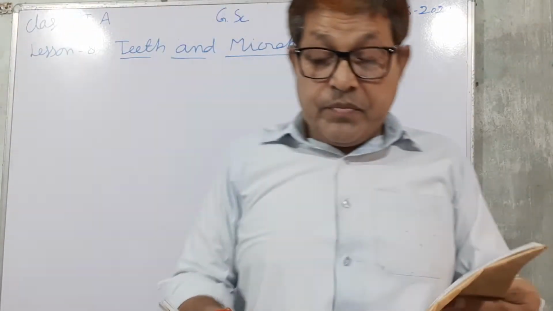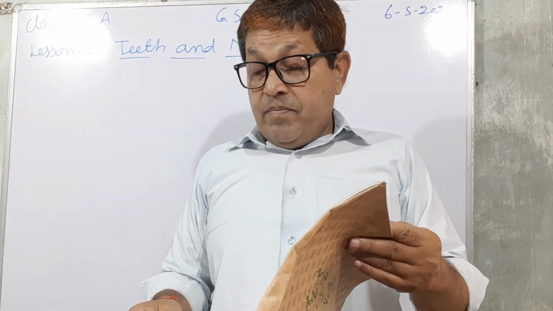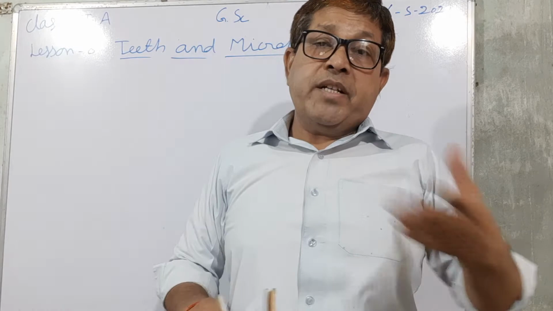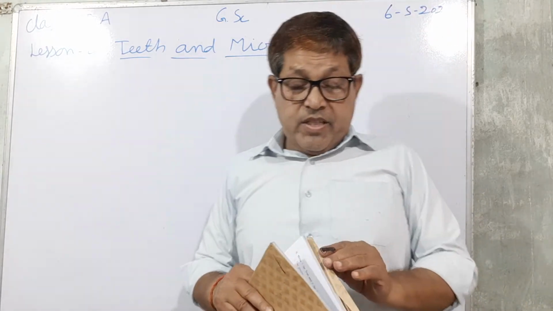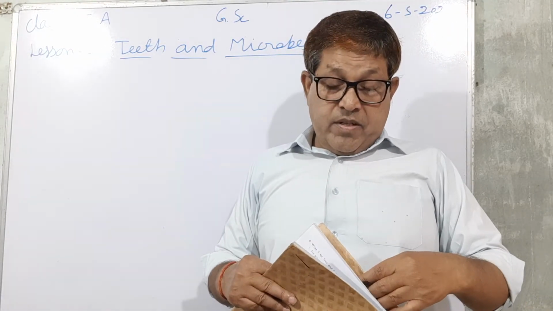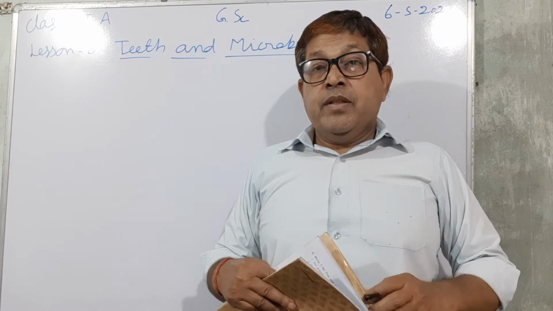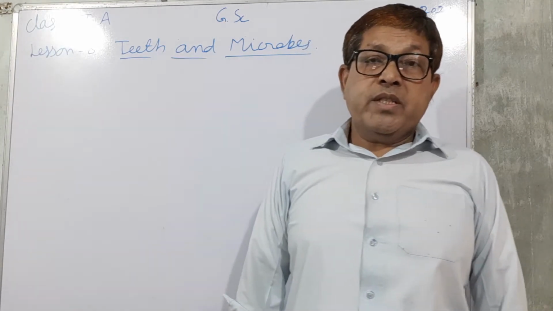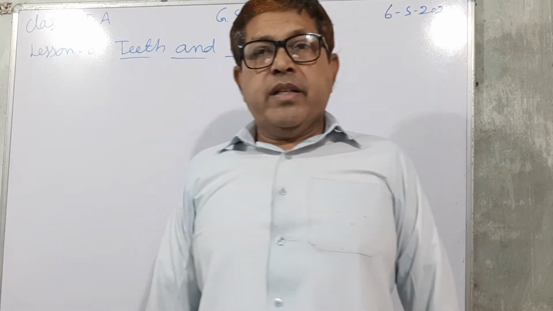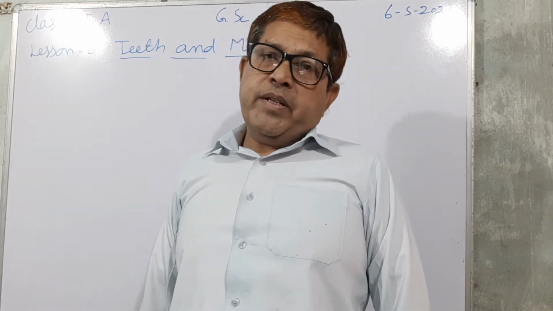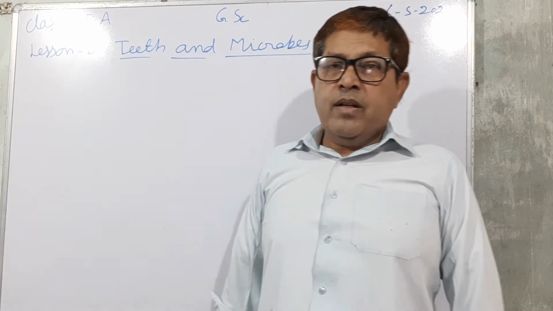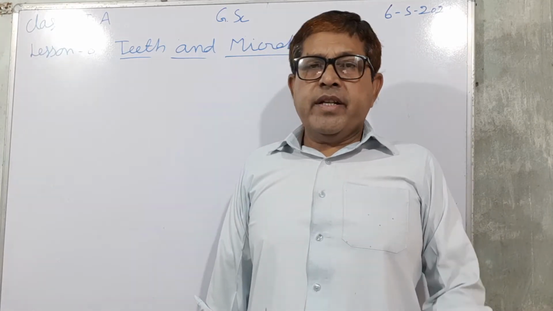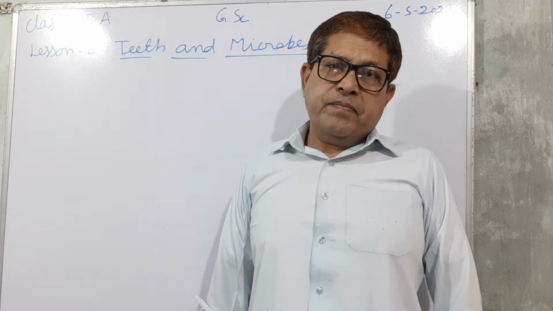Last time we started this lesson, in which we studied about the teeth. We have two sets of teeth: one is temporary teeth and the other is permanent teeth. Temporary teeth are found in our childhood.